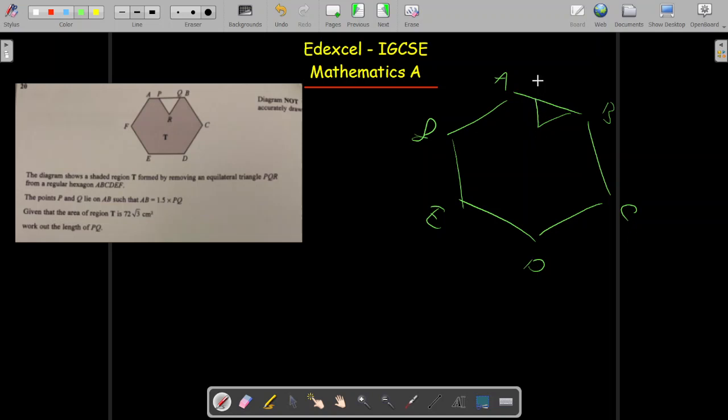It has 2 points P and Q, and this triangle is referred to as PQR, okay.